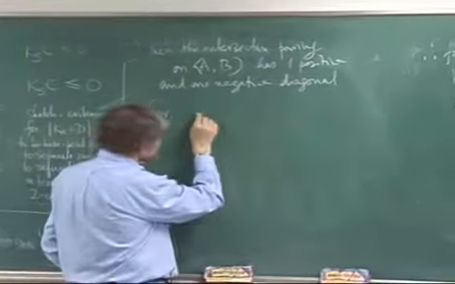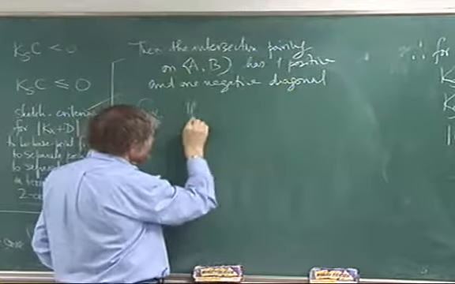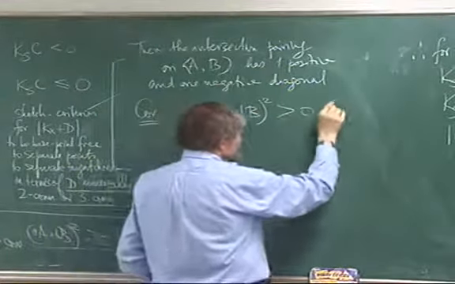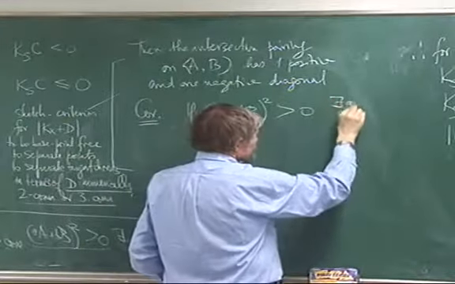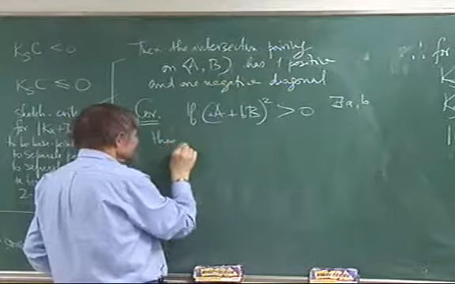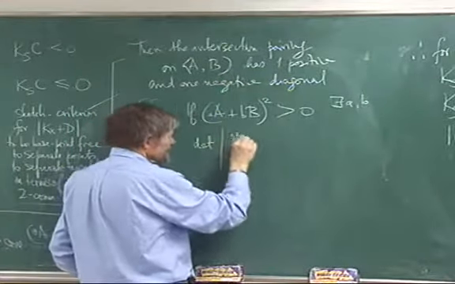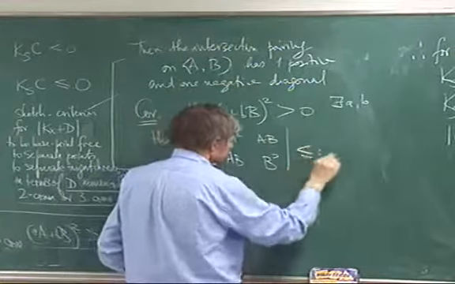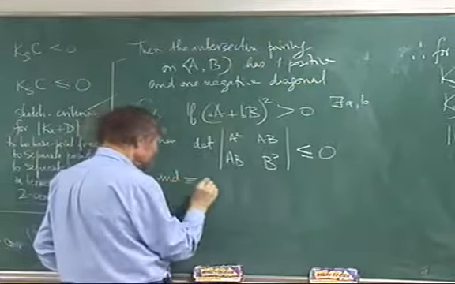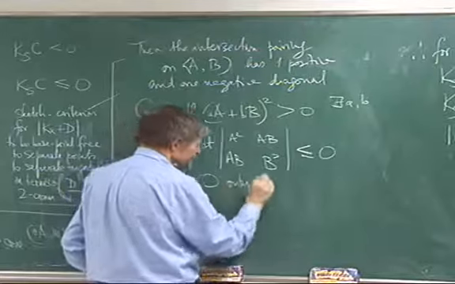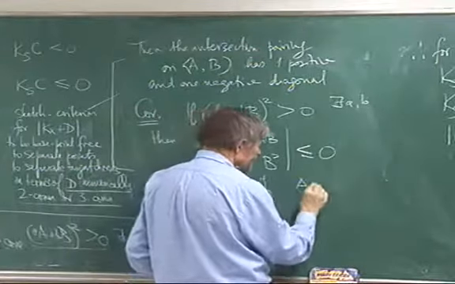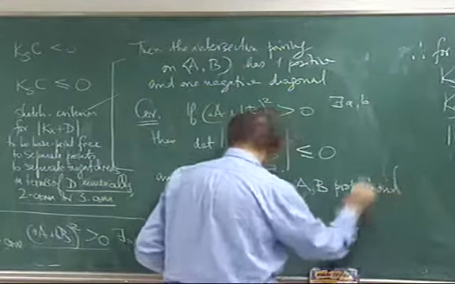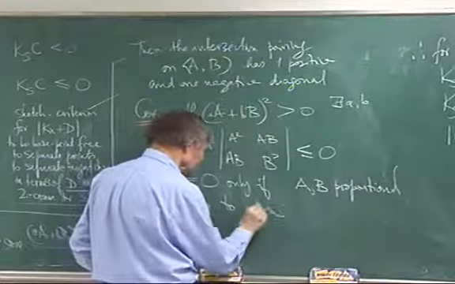But the way you really use this is if aA plus bB squared is positive for some a, b, then the determinant of A squared, AB, B squared is less than or equal to 0 and equals 0 only if A and B are proportional up to numerical equivalence.